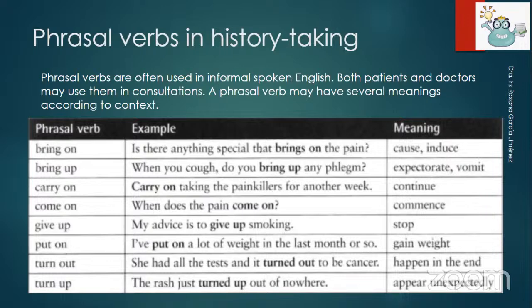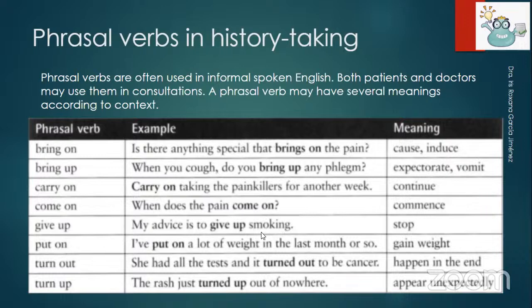About give up, my advice is to give up smoking, give up drinking, give up taking recreational drugs, right? I put on a lot of weight in the last month or so. I gained a lot of weight, okay? We can also say turned out.